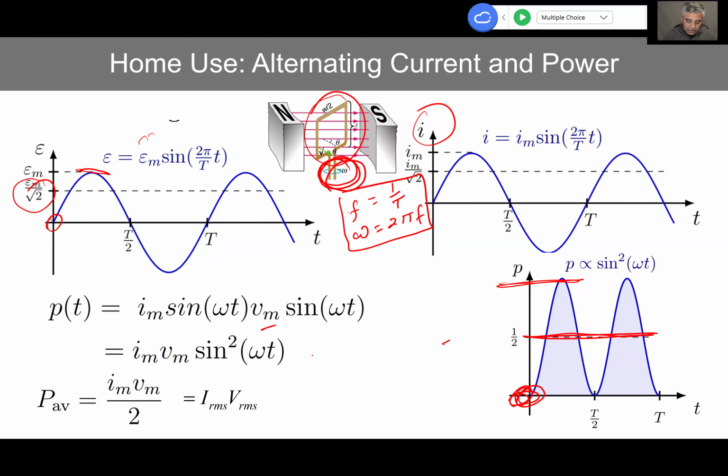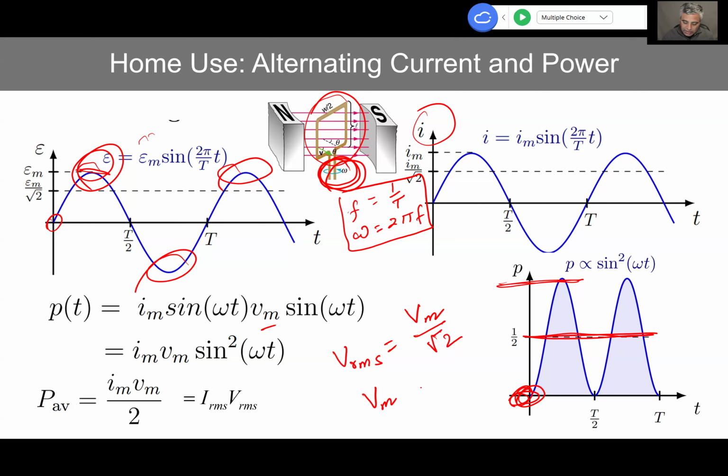See here, the RMS value, for example V RMS, is maximum V divided by square root 2. So that means the maximum value, also called the peak value, because these are the peaks, is square root 2 times the RMS value.